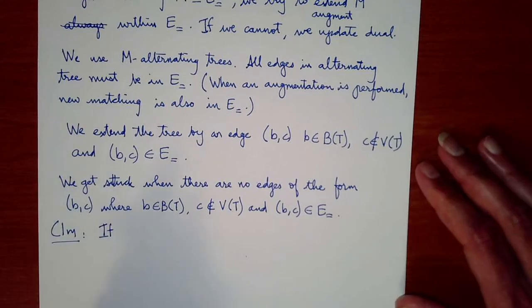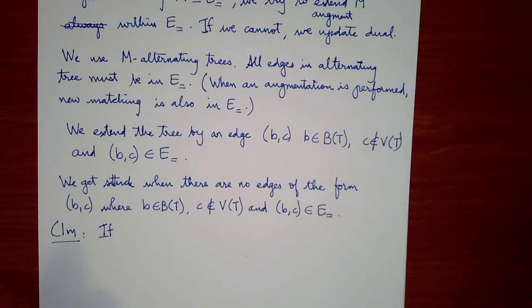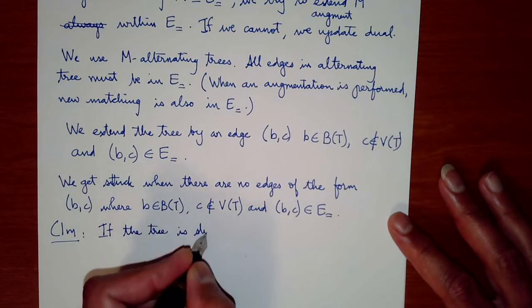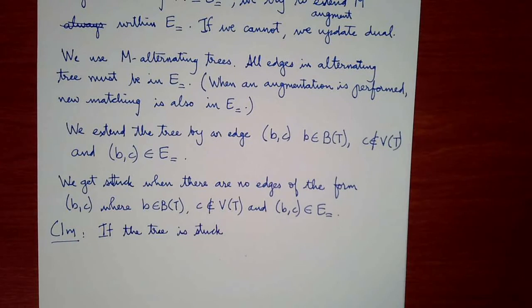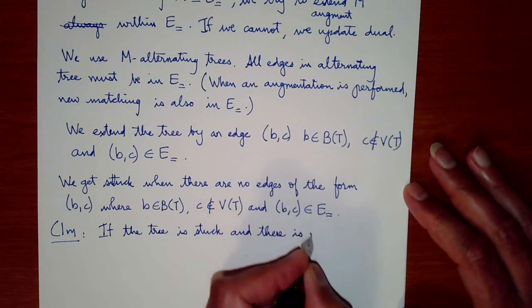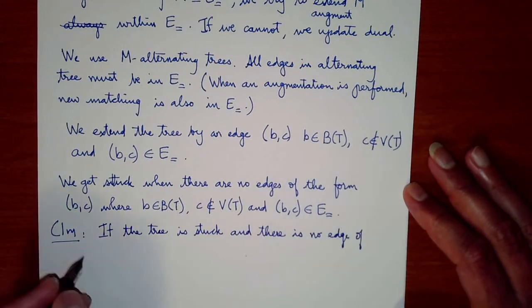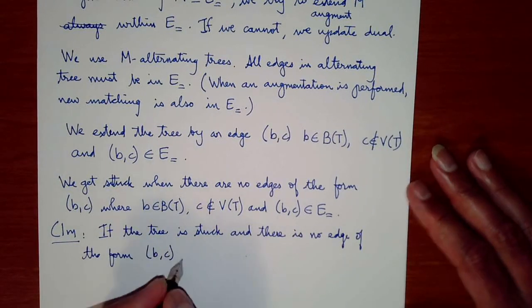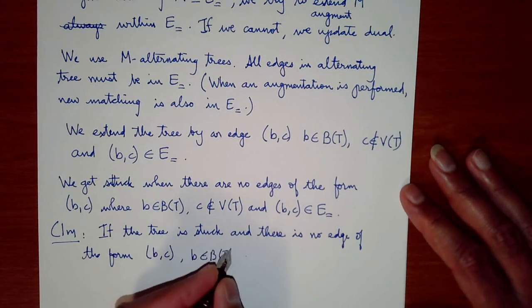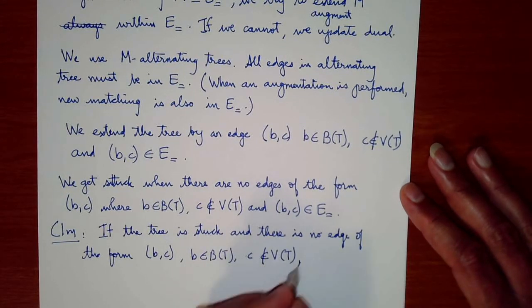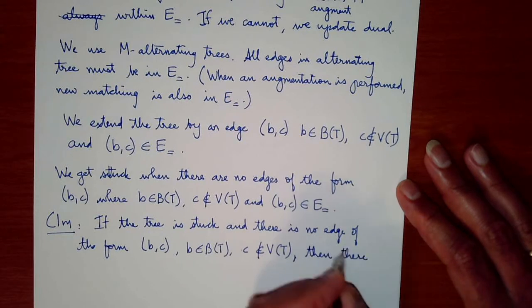So my claim is, if the tree is stuck, and there is no edge of the form BC, where B is in the blue set, C is outside the tree, then there is no perfect matching.